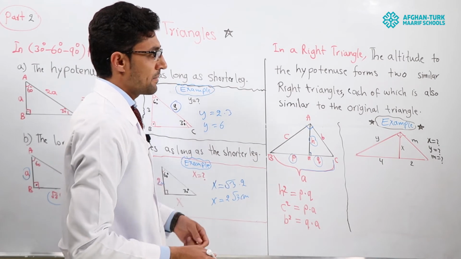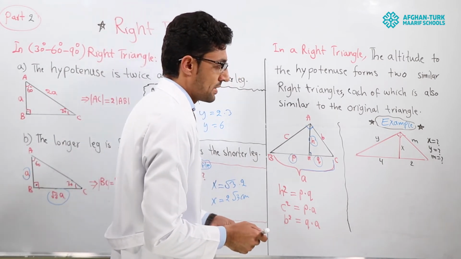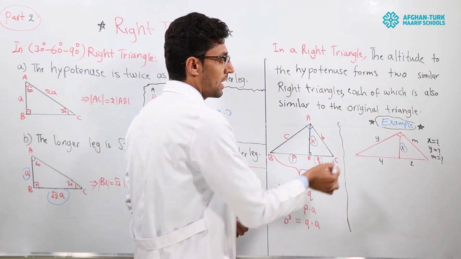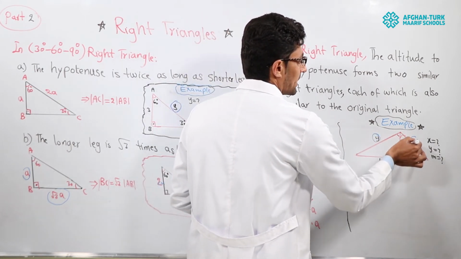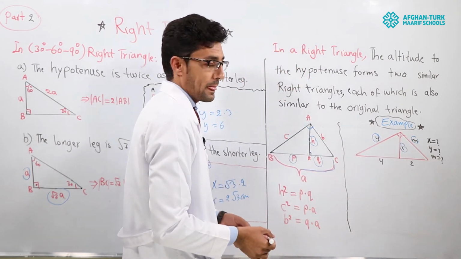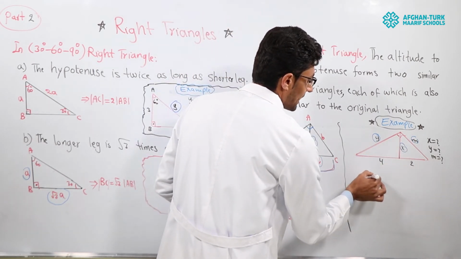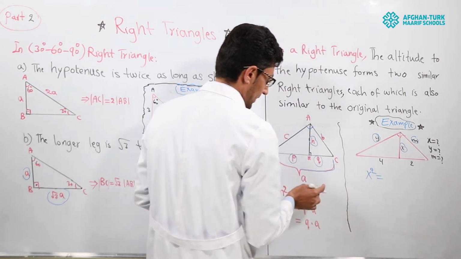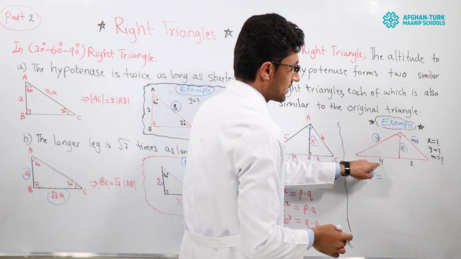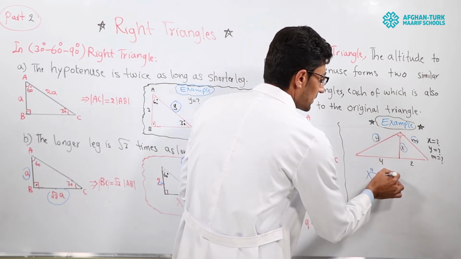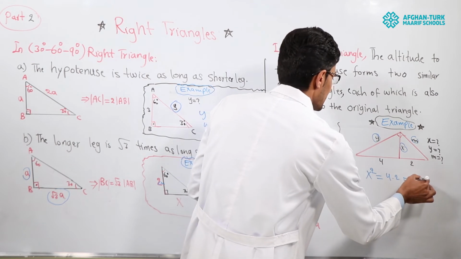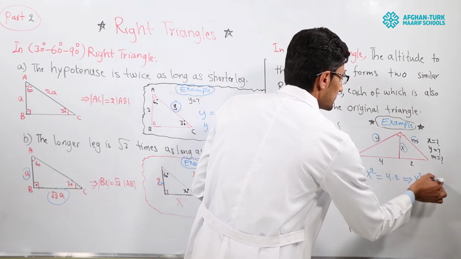Now there is an example for you in order to understand better. We are going to find X, Y, and M. X is altitude, Y and M are legs. Here we can have X square is equal to, by this formula, P multiple Q. What is P? 8 multiple 2. So this implies that X square is equal to 8.